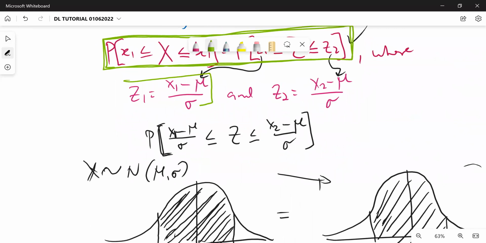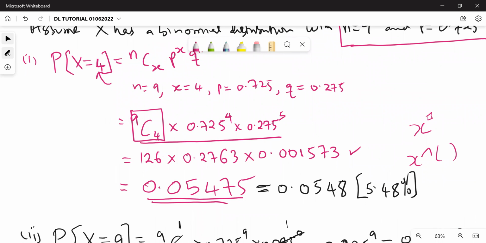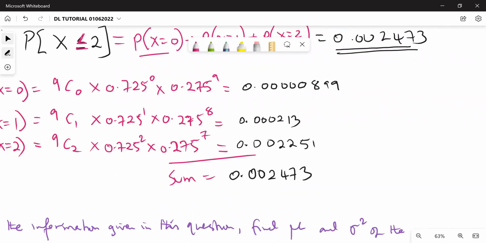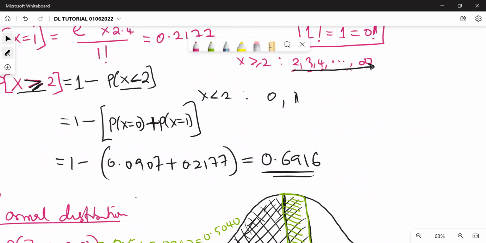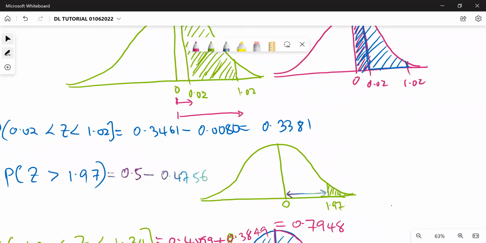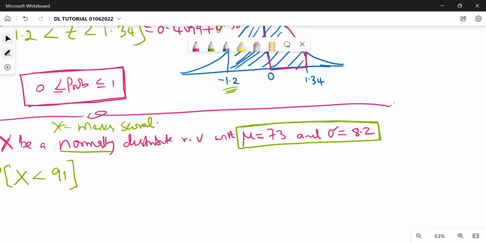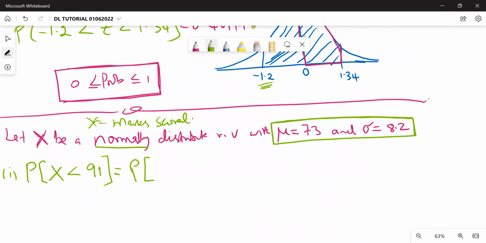Then once you replace X with Z, this is how you compute the value of Z. So when we say we need the probability that X is less than 91, we can also say this is exactly equal to the probability that Z is less than some Z1. We need to find the value of Z1.